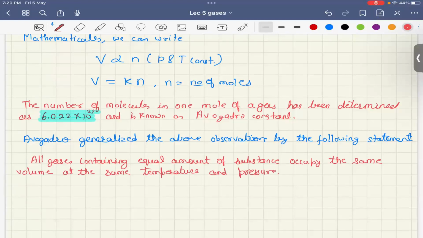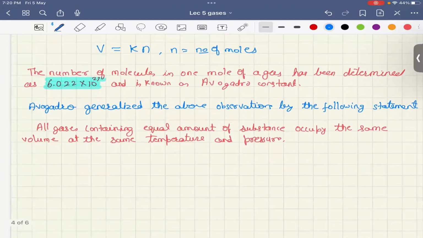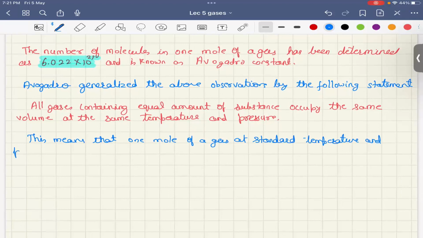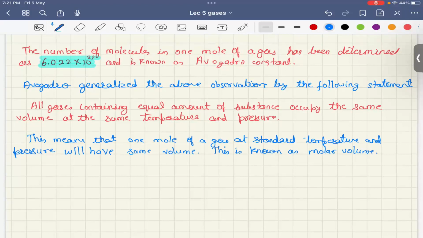This means that 1 mole of a gas at standard temperature and pressure will have the same volume, right? So what does this mean? This means that 1 mole of gas at standard temperature and pressure will have the same volume. And this is known as molar volume and denoted by Vm, right?